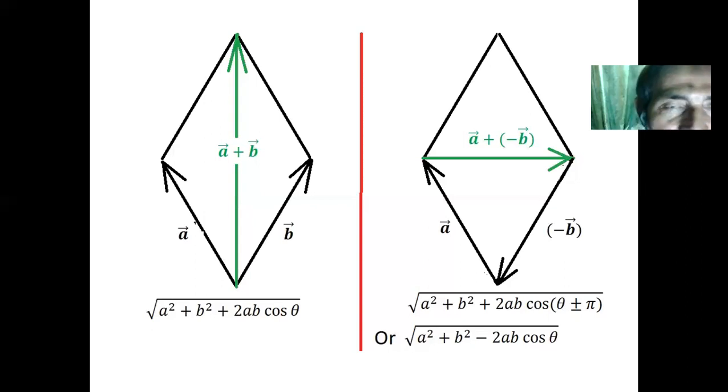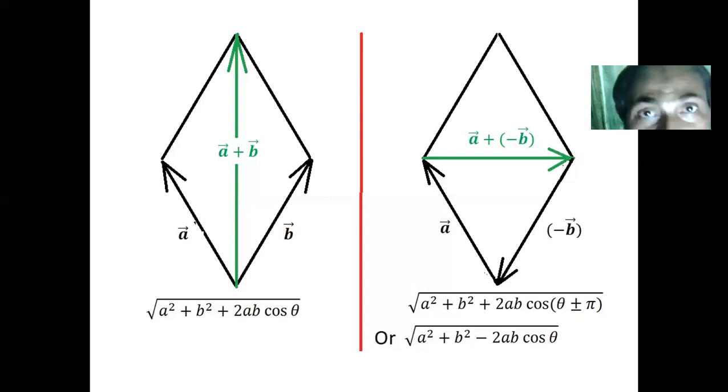Number one, you can say that the polarity or the symbol of vector B is inverted, or the same change can also be expressed as the angle between those two vectors is changed through 180 degrees. That means if you incorporate this change, then you will get the resultant answer.